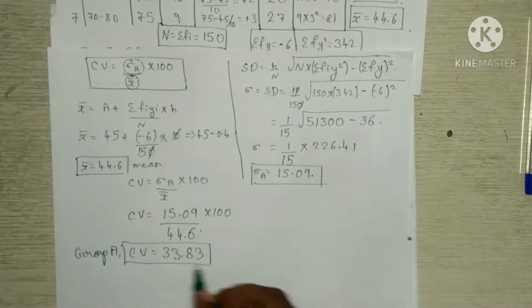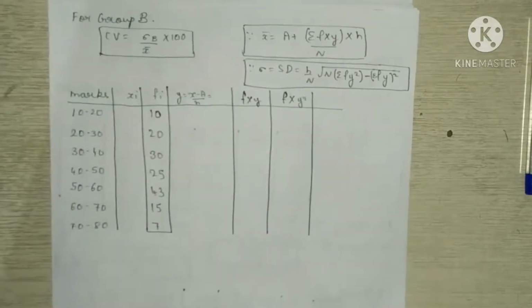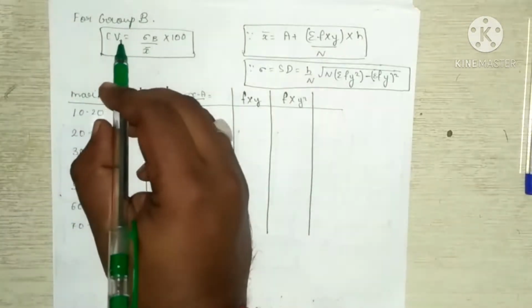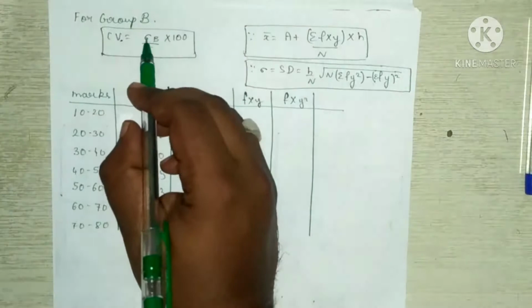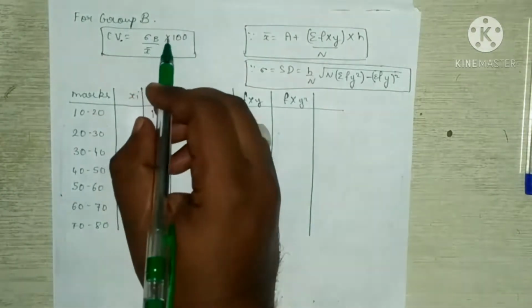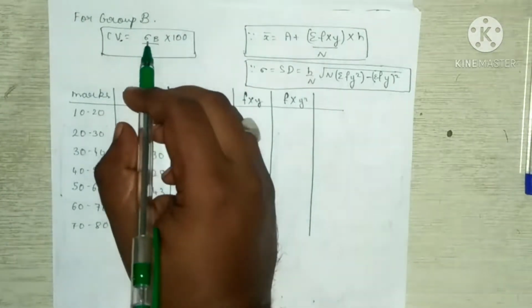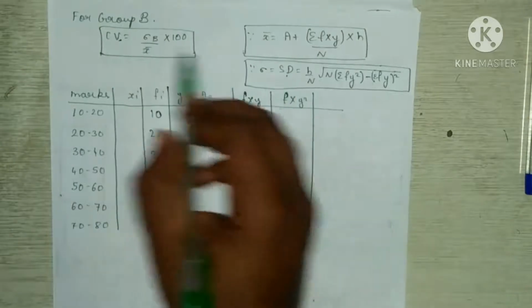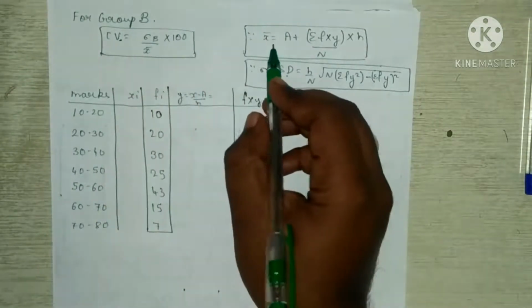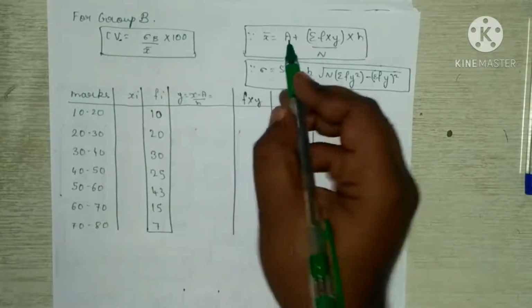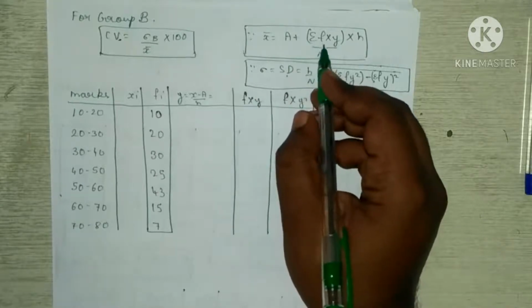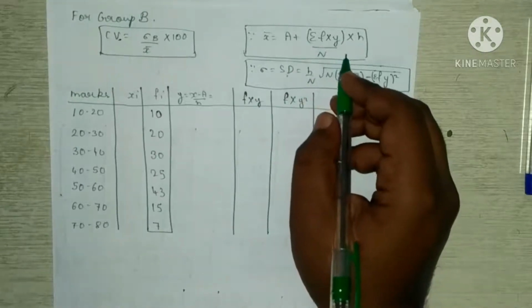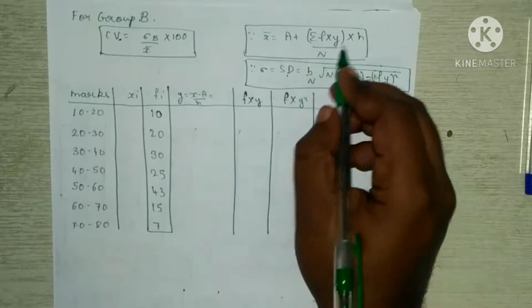Okay, next you need to find the coefficient of variation for group B. Next we'll go for group B. Coefficient of variation is equal to sigma B by x bar into 100. Sigma is nothing but standard deviation. X bar is nothing but mean. Okay, the mean formula is equal to A plus summation f into y divided by capital N into h.